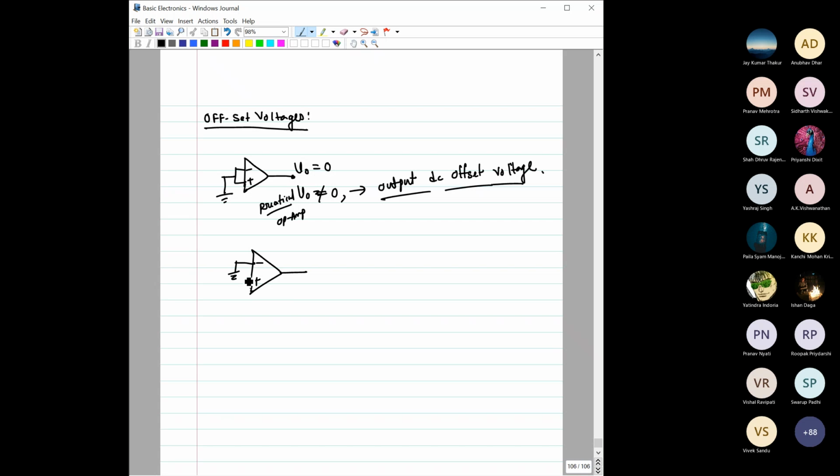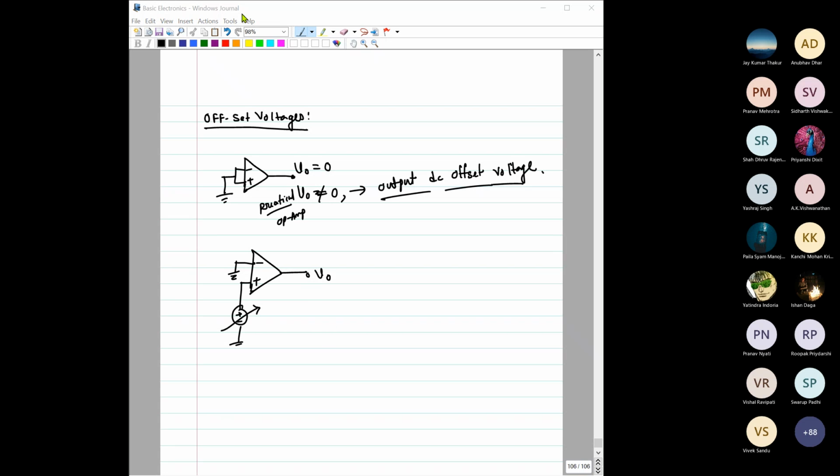So suppose you have grounded one input and you are measuring the output voltage. Then you have some variable voltage source, and you have to give some input voltage to make the output voltage equal to 0.